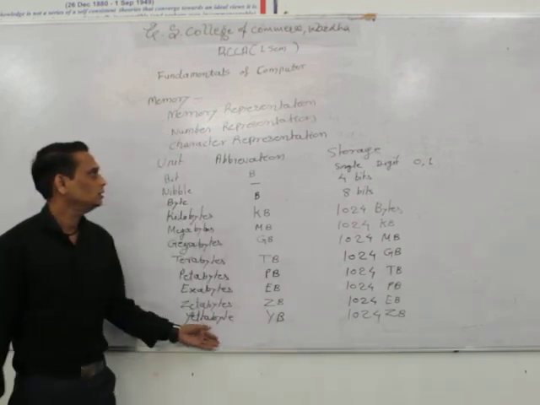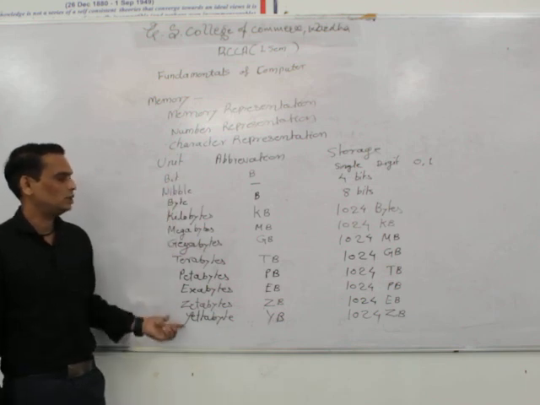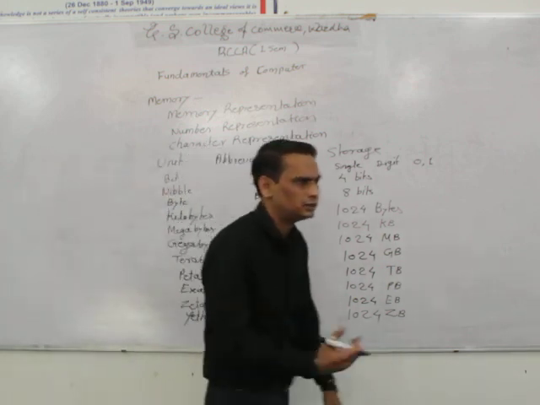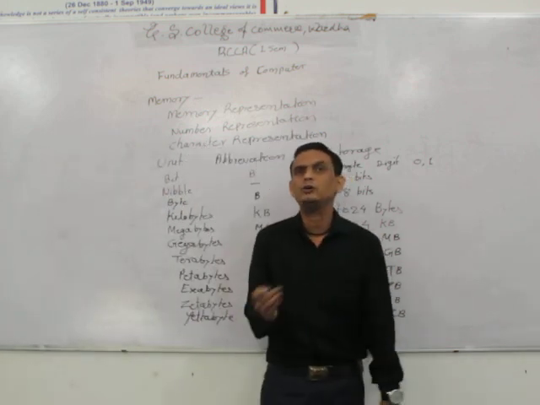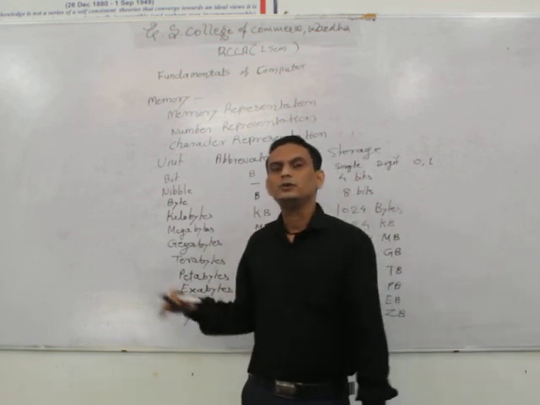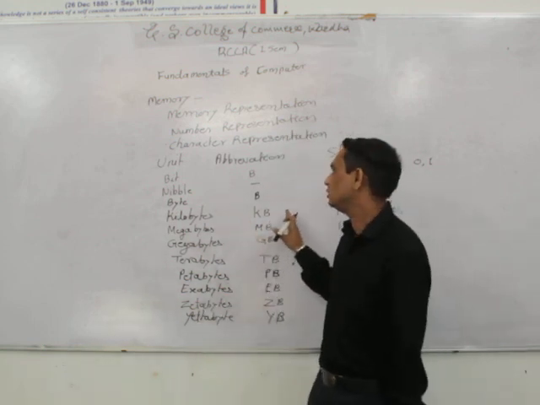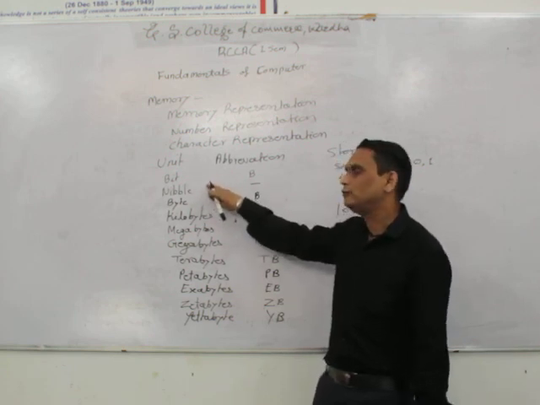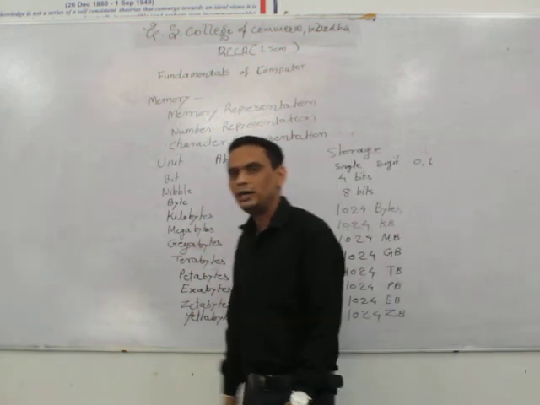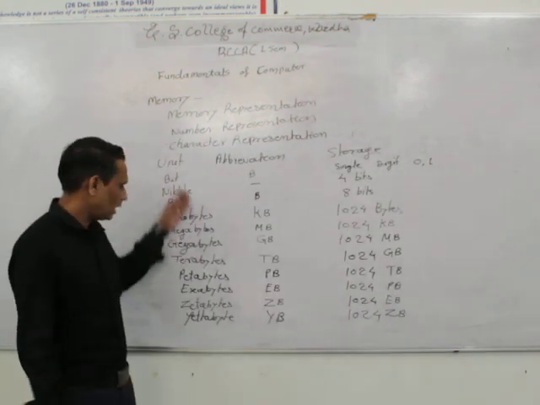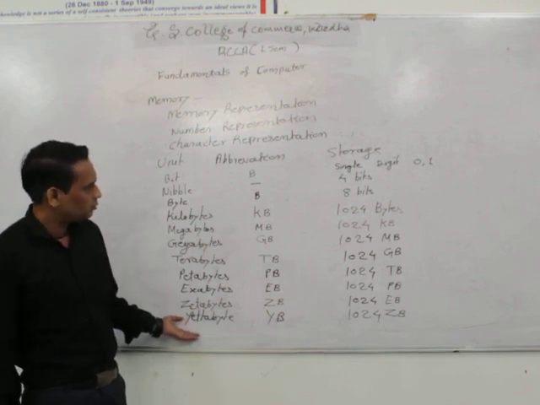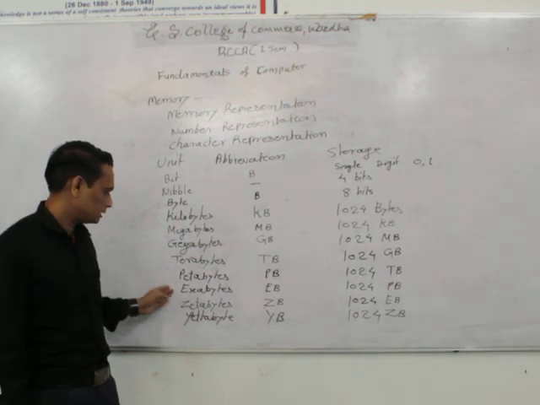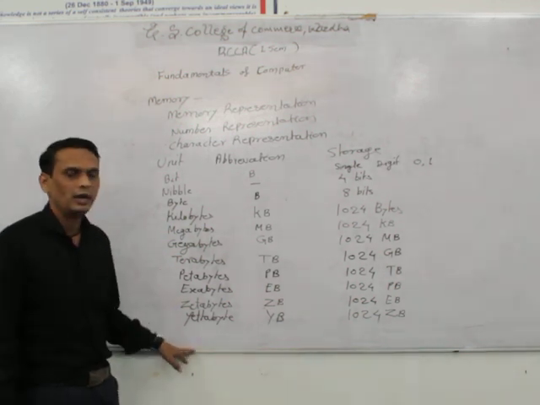So these are the memory representations in our computer system. How a number can be represented in a computer system, how a character can be converted, and what types of memory are available: bit, the smallest unit of memory, nibble, 4 bits, byte, 8 bits, and others like kilobyte, megabyte, GB, terabyte, petabyte, exabyte, zettabyte and yottabyte.